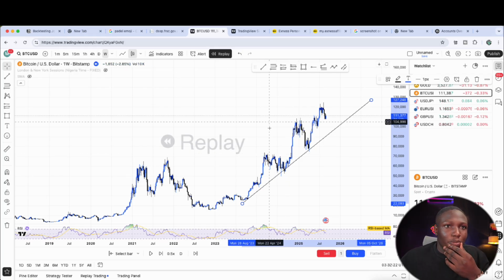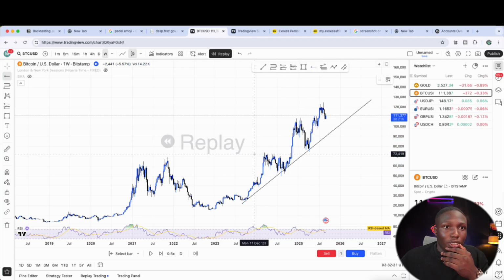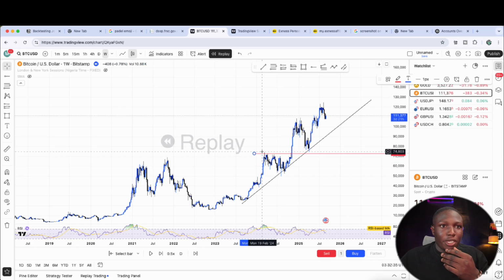From this point, Bitcoin pushed all the way to this point and created resistance here. It couldn't break through this resistance, so price pushed down, gained force, pushed up and broke through the resistance, and now this is the new resistance.